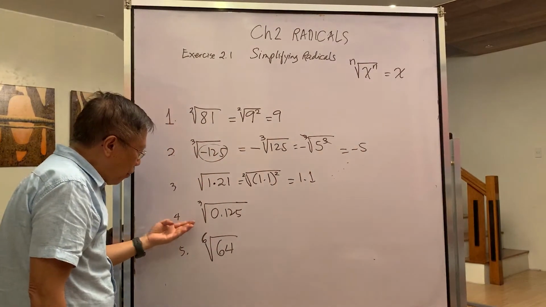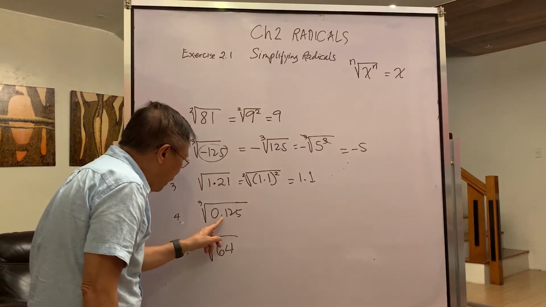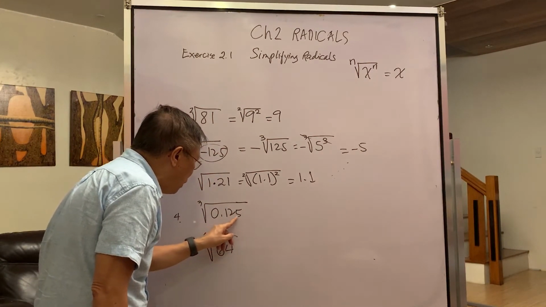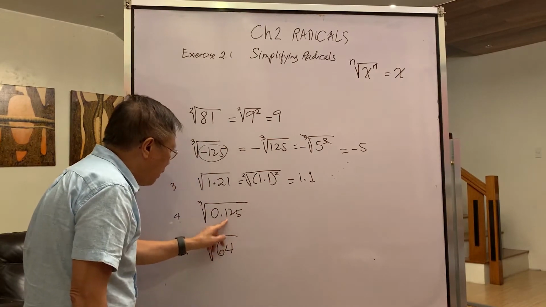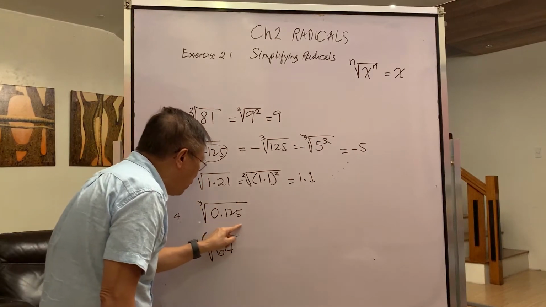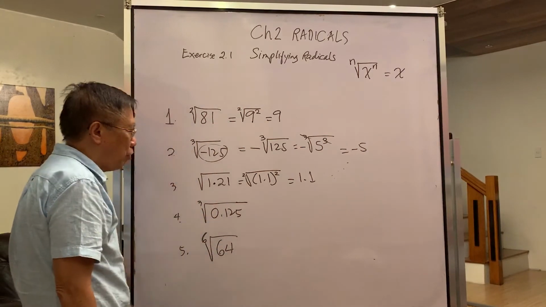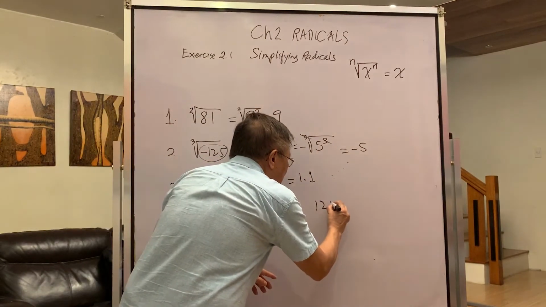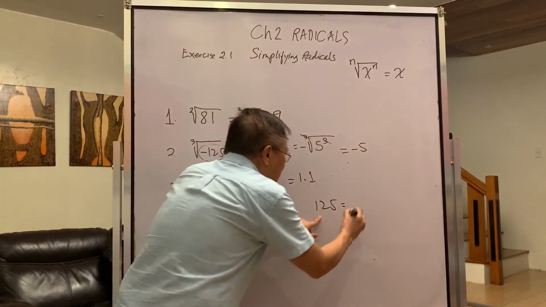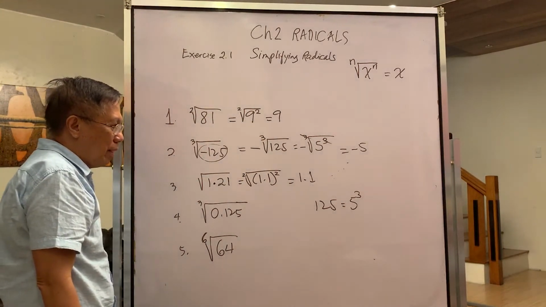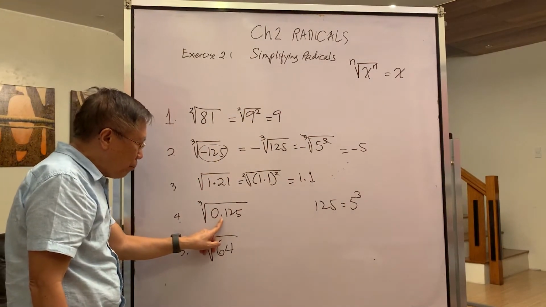Okay, look at number 4. The decimal place is placed on the third position. So 1, 2, 3 decimal places. That should be divisible by 3 for us to suspect that 0.125 can be a perfect cube. Now again, if you have here 125, this is actually a perfect cube, which is 5 cubed. But here we have 0.125.